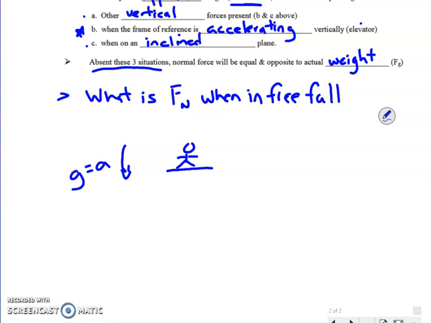If I were to draw a force diagram, you might say, okay, I'd have gravity down and I'd have a normal force up. And you should be pretty sure by now this is going to be less than the weight. So how much less? Well, conceptually, in free fall, the word free means the only force acting on you is gravity, so the normal force would be zero. That's the easiest way to approach this.